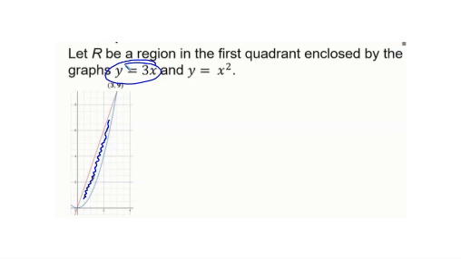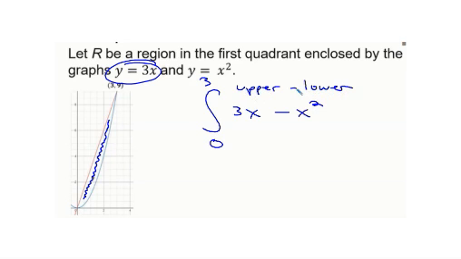So my integral is just going to be the integral from 0 to 3 of 3x minus x squared. This one's pretty easy. Upper function minus the lower function.